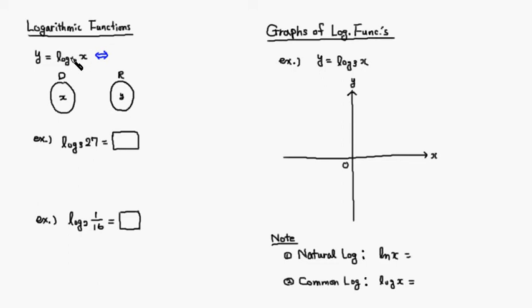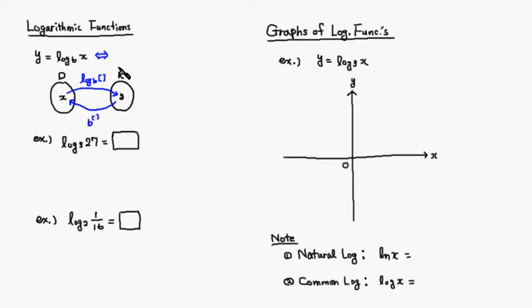So base is b. Let's visualize this. It's an inverse. Let's say the log function goes from x to y. So this is a log function, log to the base b of something. Then its corresponding exponential function goes backward, so that's going to be b to some power.